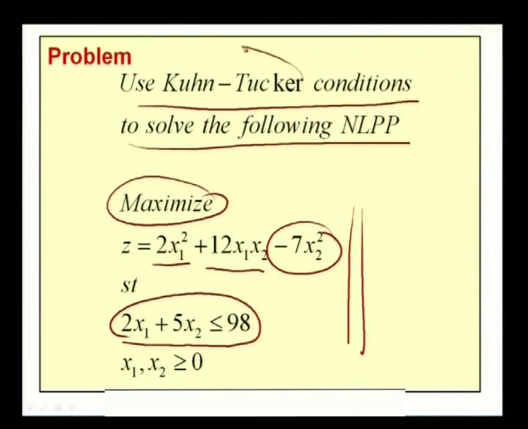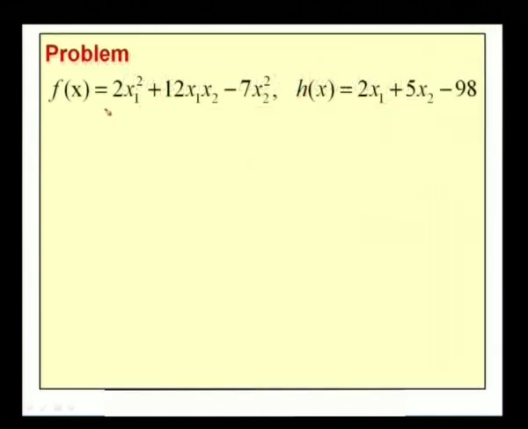Now, with the help of the Kuhn-Tucker conditions, we try to solve this problem. For the given problem, f of x is 2x1 squared plus 12x1x2 minus 7x2 squared, and h of x is g of x1, x2 minus c, which is 2x1 plus 5x2 minus 98.